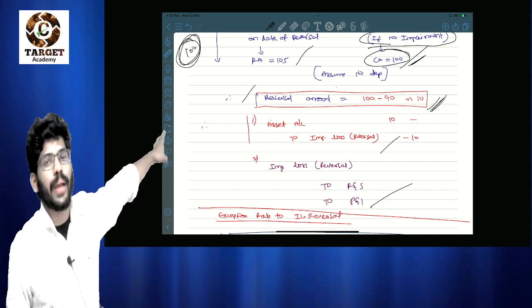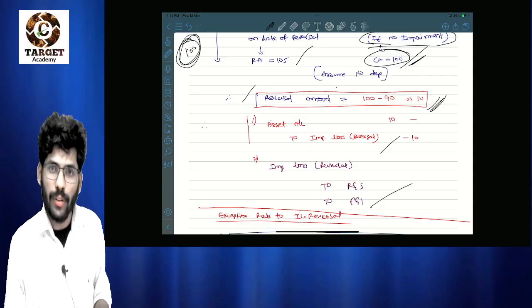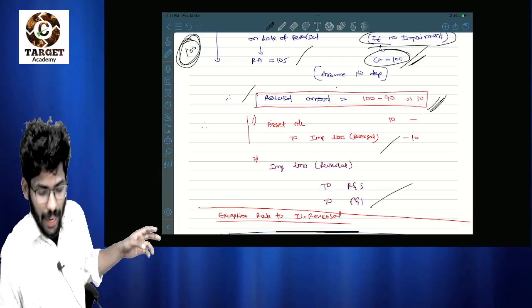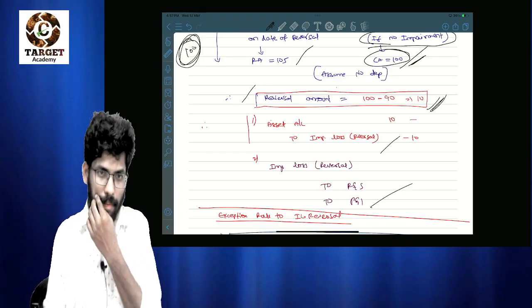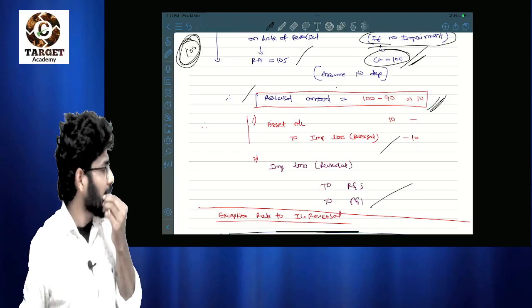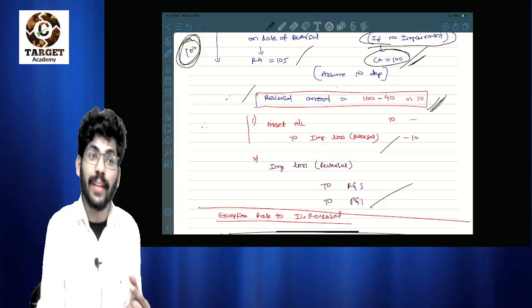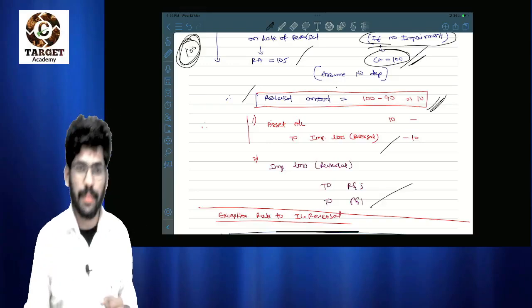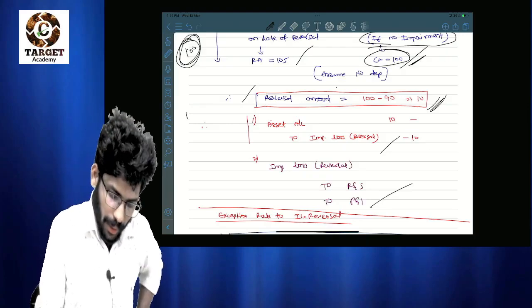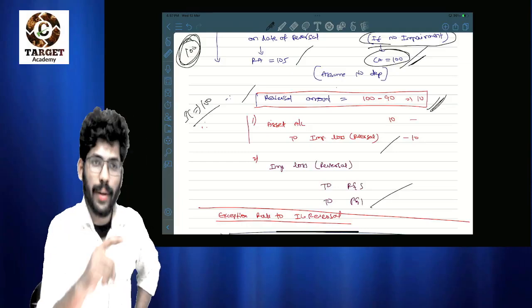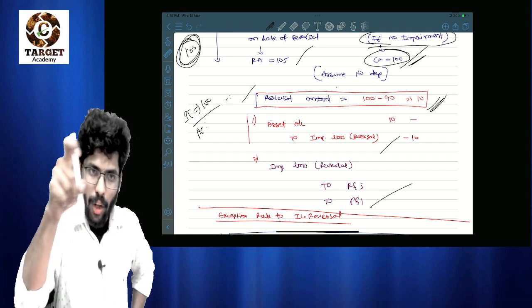The same point is applicable here also. In case of impairment loss, we should adjust to revaluation surplus. Which means if you have adjusted anything to revaluation surplus for impairment loss, that revaluation surplus should be reversed here. Understood or not? See guys, generally the entry is P&L to impairment loss, impairment loss to asset.